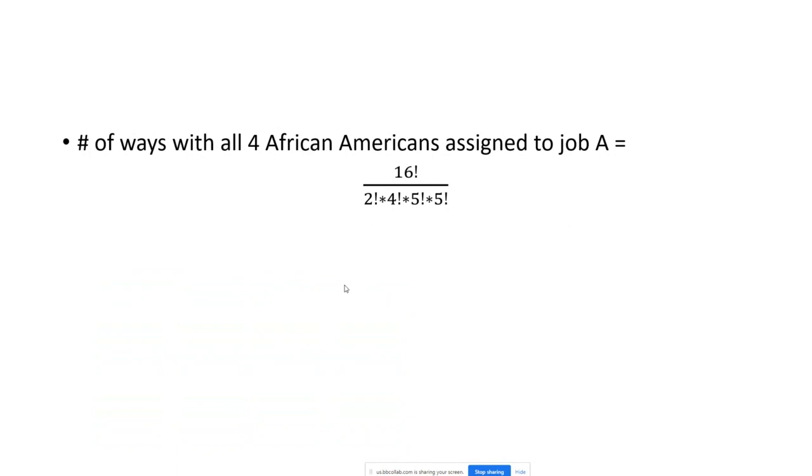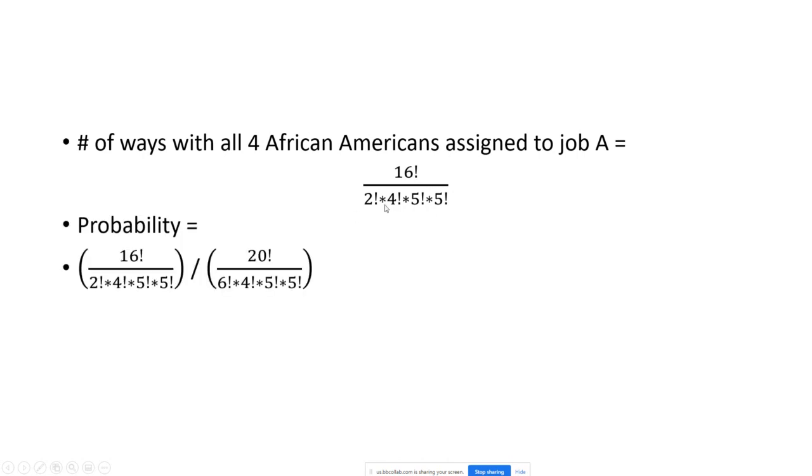Go ahead and assign all 4 of these people to job A. There are 16 people left to assign among 4 jobs still. We have 2 spots left in job A, and then 4 spots in job B, 5 spots in job C, and 5 spots in job D. So this is going to be our numerator.